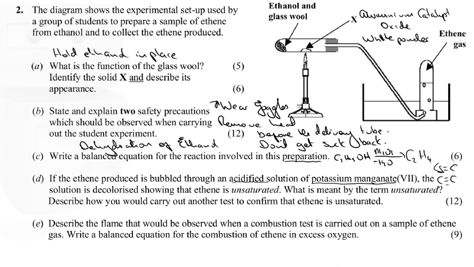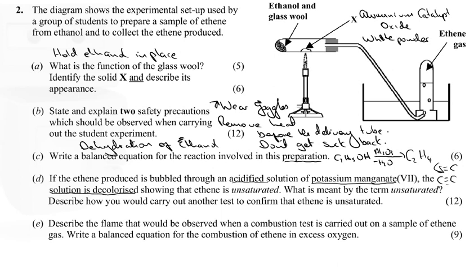Anyway, describe how you would carry out another test to confirm that the ethene is unsaturated. Now, there is only one other test, and it is a decolorization test, because when we add in the ethene to the acidified solution of potassium permanganate, notice it says the solution is decolorized.